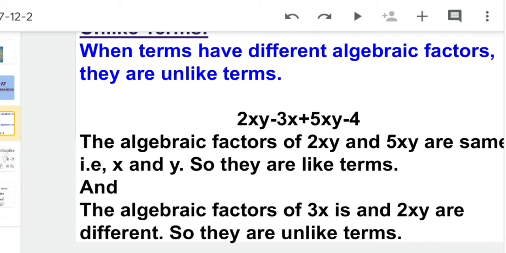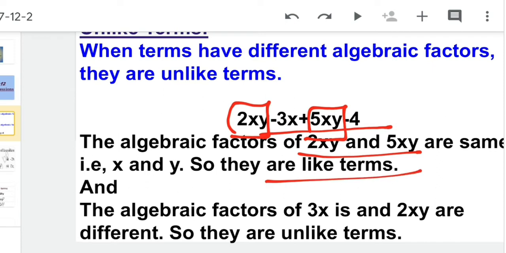Now you can see the example, we have an expression 2xy minus 3x plus 5xy minus 4. If we ask you to classify or categorize them as like and unlike terms, you can see that 2xy and 5xy have the same algebraic factors, so they are known as like terms.